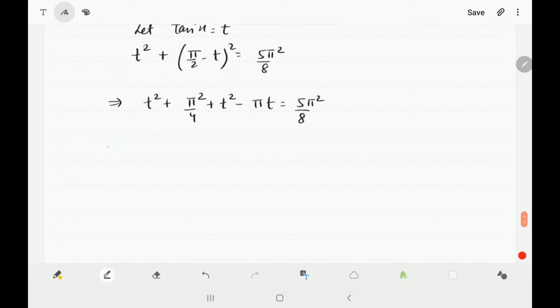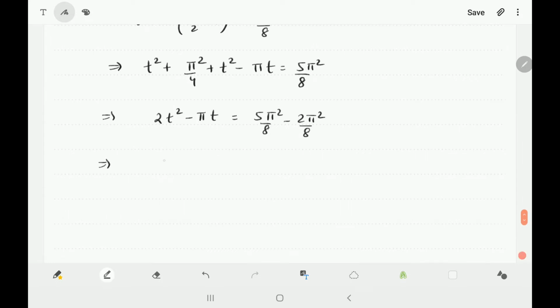Okay, on simplification we will get now 2t square minus pi t, and this value will become 5 pi square by 8 minus 2 pi square by 8. Okay, now if we multiply with 8 on both the sides, we will get 16t square minus 8 pi t minus 3 pi square is equal to 0.